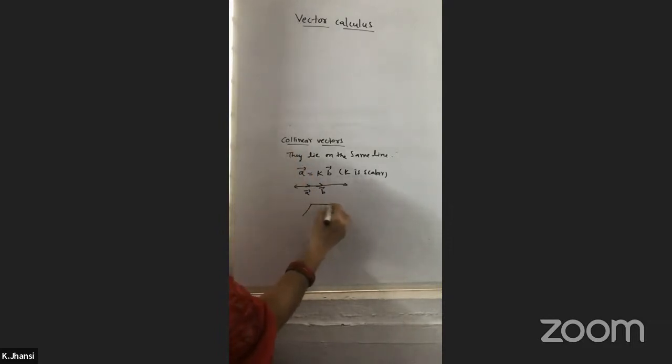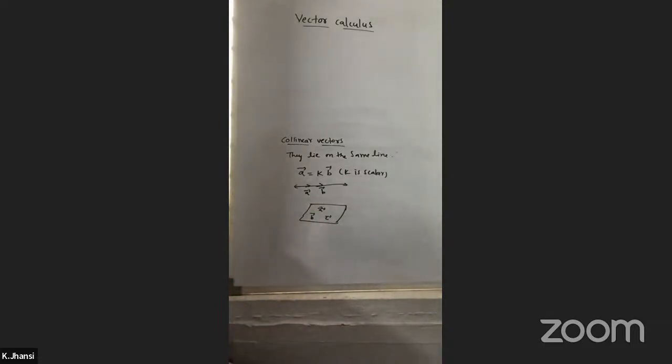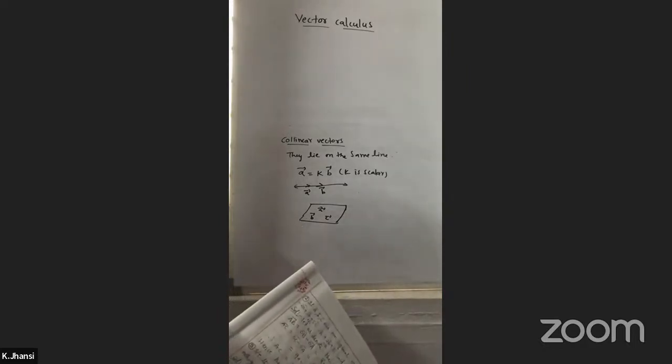If any plane is there, think of this as a plane. Here vector A is there, here you will have vector B, and here you will have vector C. If they lie in a certain plane, then we call them coplanar vectors.